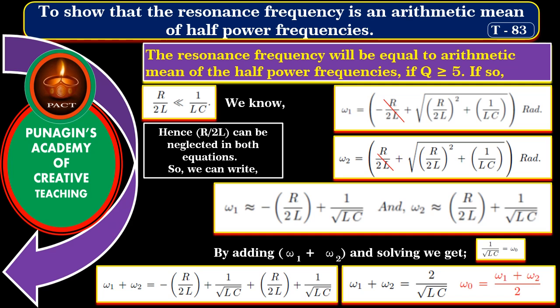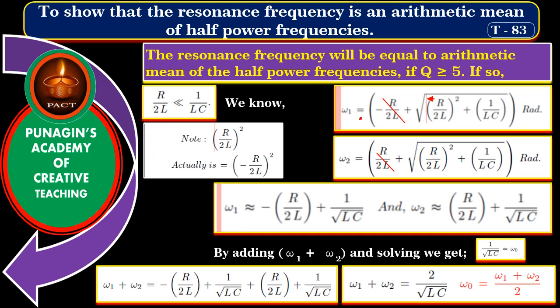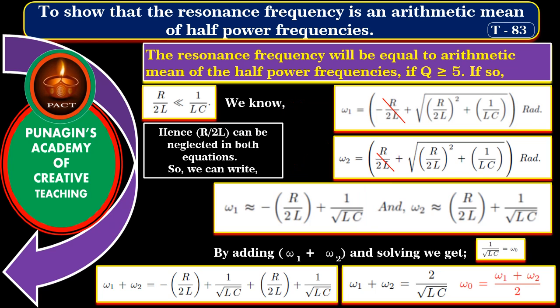Hence, r by 2l can be neglected in both equations, so that we can write omega 1 is approximately equal to minus r by 2l plus 1 by root LC. And similarly, omega 2 is approximately equal to r by 2l plus 1 by root LC.